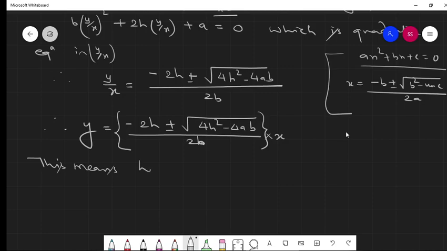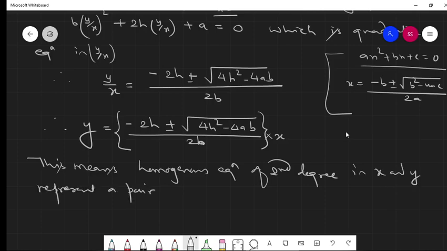This means a homogeneous equation of second degree in x and y represents a pair of lines given by y equal m1 x and y equal m2 x.